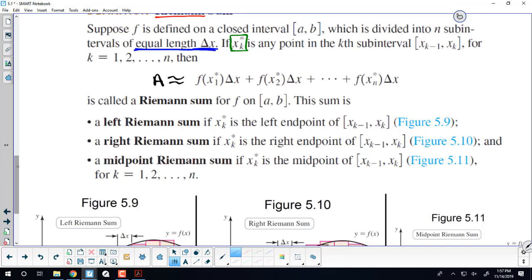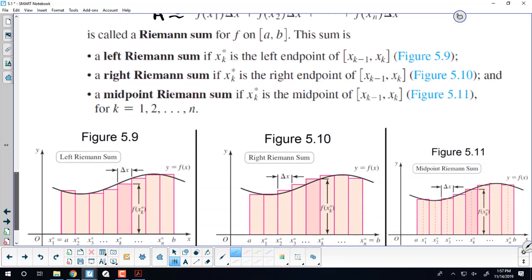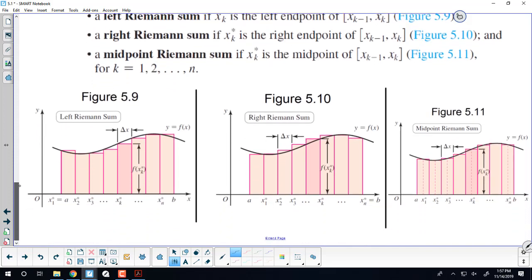The other two are the right Riemann sum and the left Riemann sum, where you just use the left or the right boundary of each rectangle to determine the height. So those are all here. Figure 5.9 is for the left Riemann sum. Within whatever subinterval we're looking at, to determine this particular rectangle's height, I'm going to use the left endpoint of that rectangle.